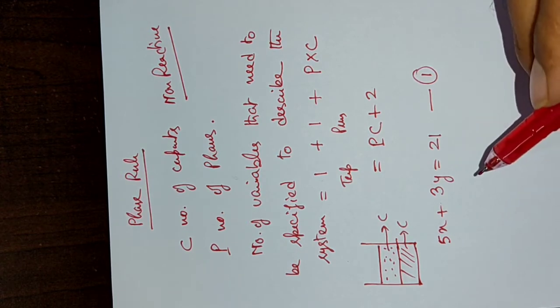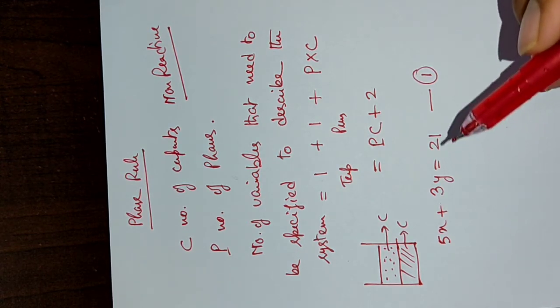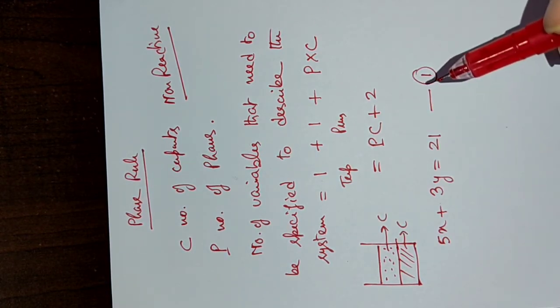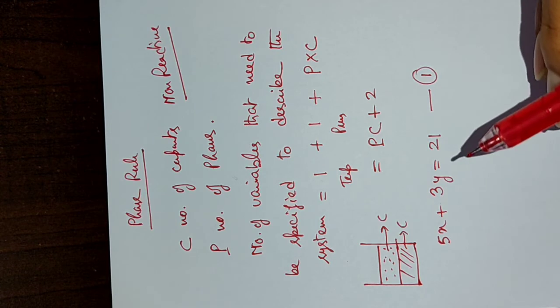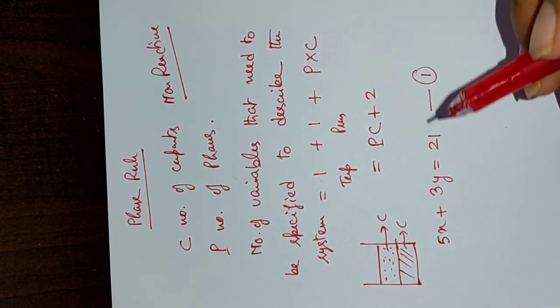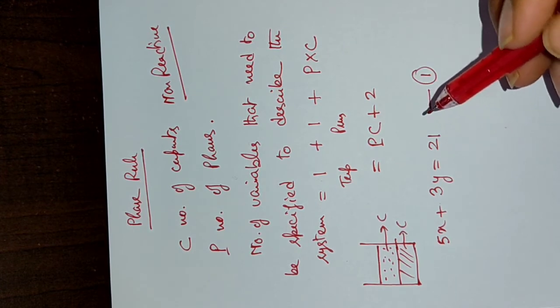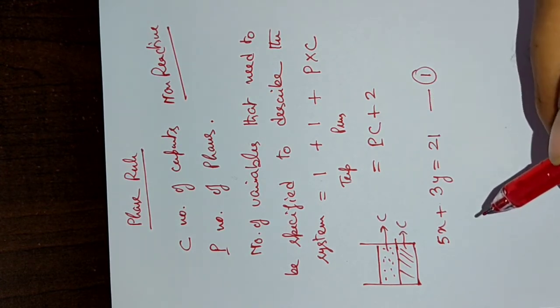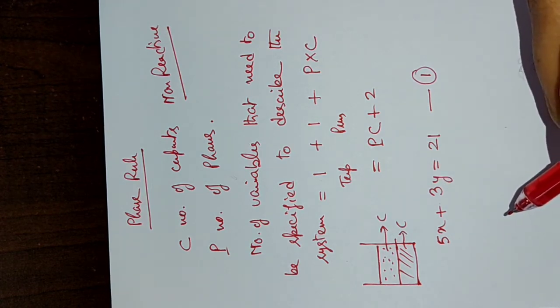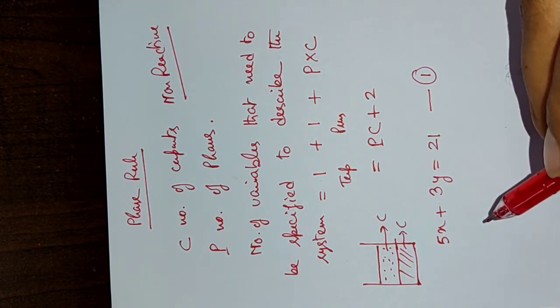However, there is an alternative. If someone tells you that I will not give you another equation, you have to solve it in any way, then there is only one option left to you, that is you have to consider an arbitrary value for any one of these two variables. Any arbitrary value.